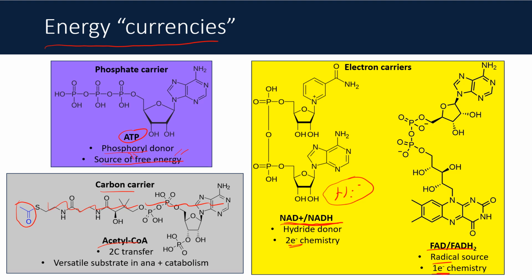The key to all of these energy, carbon, and electron currencies is that they are kinetically stable. We can charge them in one part of the cell and discharge them in another without worrying it will self-destruct before it does its job.